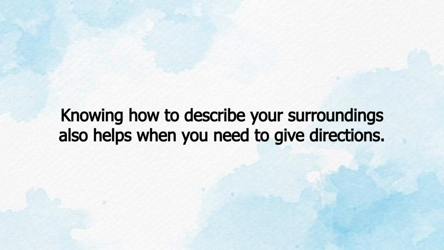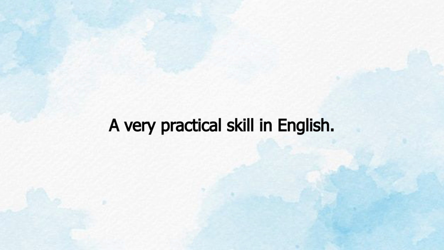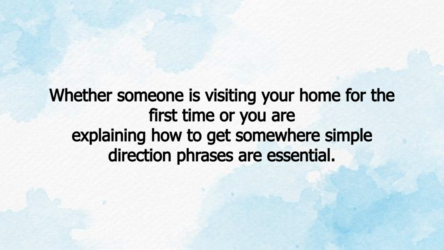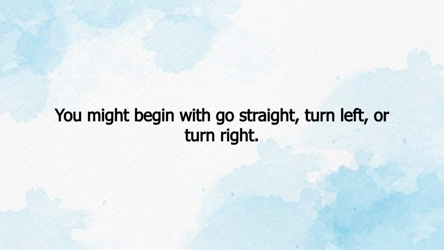Knowing how to describe your surroundings also helps when you need to give directions, a very practical skill in English. Whether someone is visiting your home for the first time or you are explaining how to get somewhere simple, direction phrases are essential. You might begin with "go straight," "turn left," or "turn right."